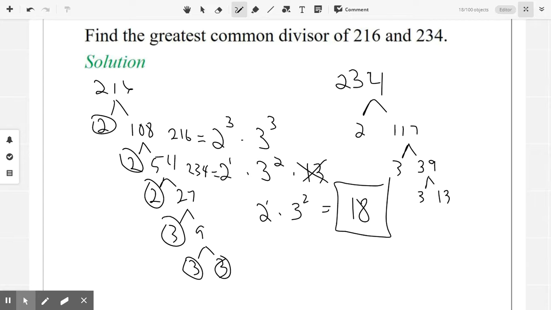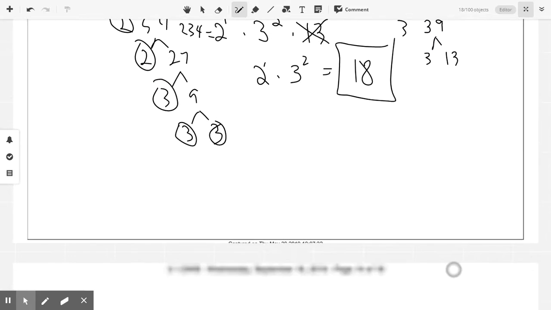Any factor that only appears in one of the factorizations we cross out because it's not common. All right. Then we list the ones that are common, and then we use the lower exponent. Okay. That's how we find greatest common factor, greatest common divisor, however you like to say it.